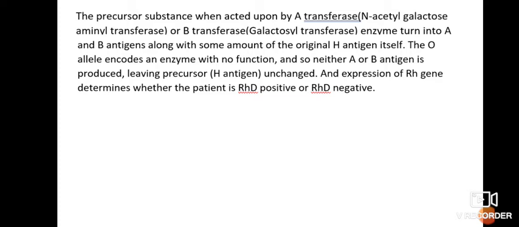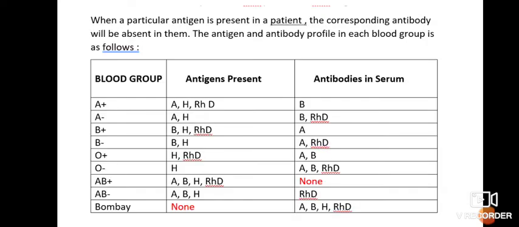So for these people, neither A nor B antigen is produced, and the precursor H substance will remain as such. These people are called O individuals, and the expression of the RH gene will determine whether it is a positive or negative blood group. And we all know that when a particular antigen is expressed in a patient, the corresponding antibody will be absent in them, and this combination we will see for all the blood groups.